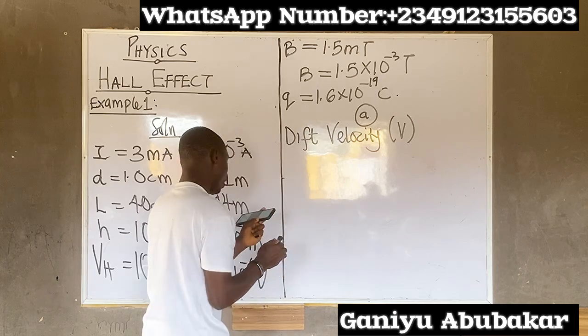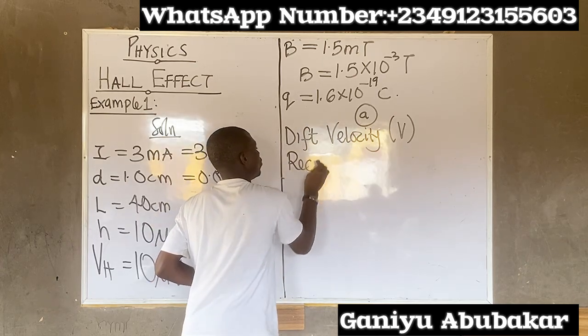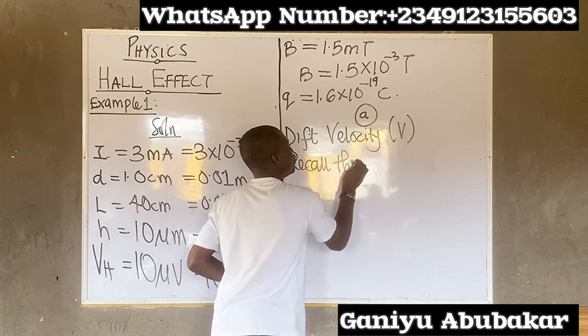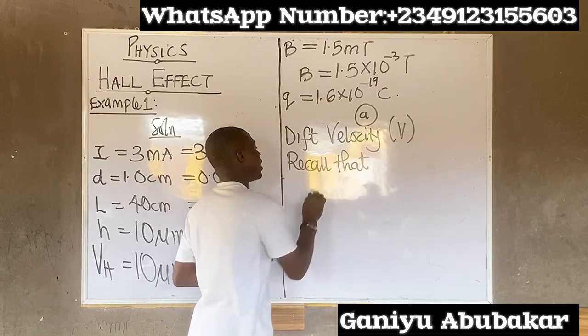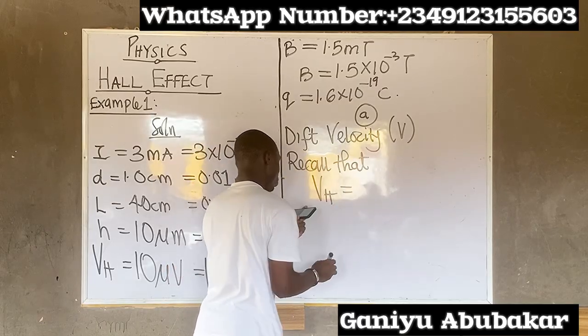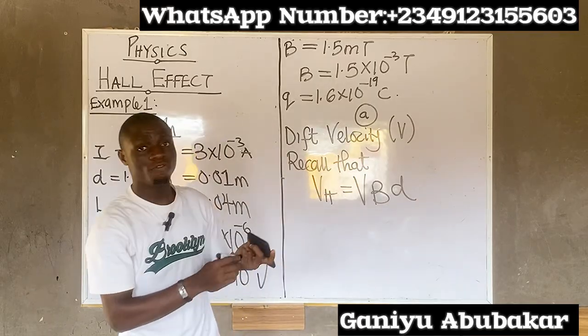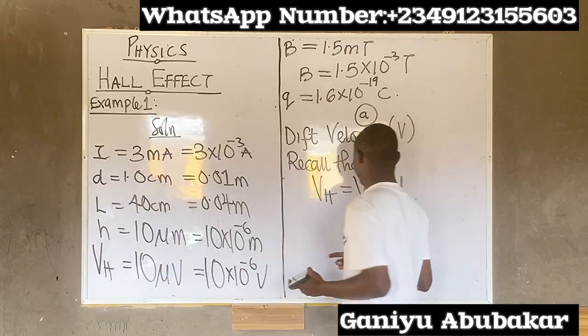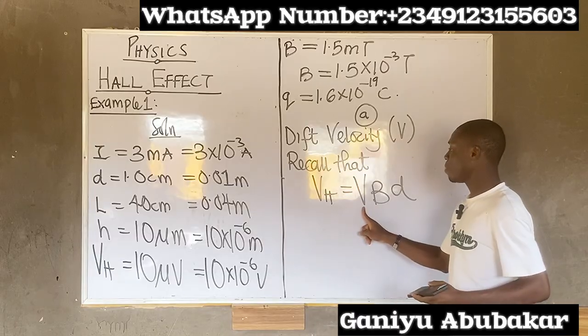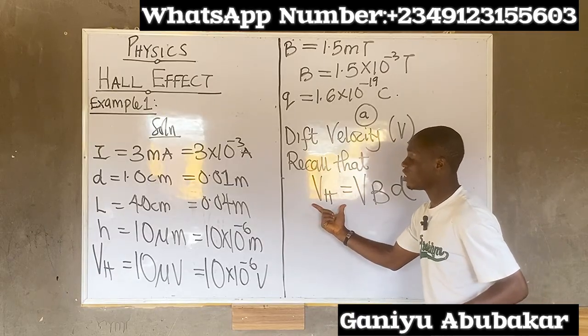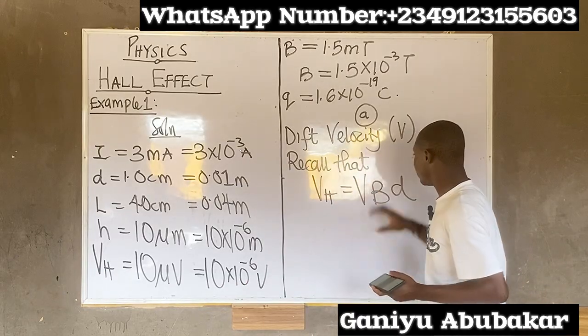So recall from the formulas I gave you, you have that VH is equal to vBd. We have this expression there, vBd. We're trying to find v. Am I given VH? Of course, VH is given. Am I given B?